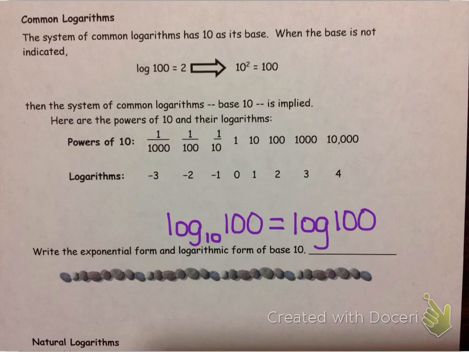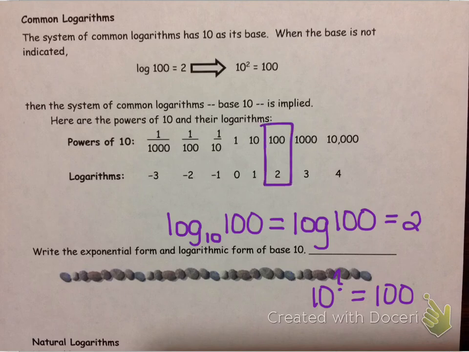Okay, there's an invisible base of 10 there. And remember what this log is asking you. It's asking you, 10 to what power is 100? And so the answer to that would be 2. So you would evaluate log of 100 as being equal to 2.